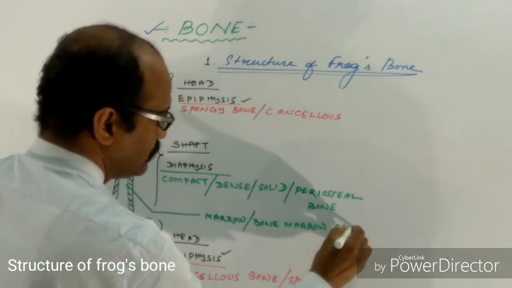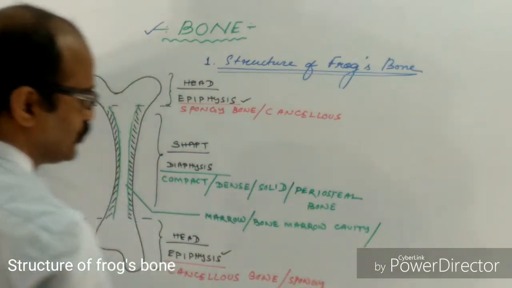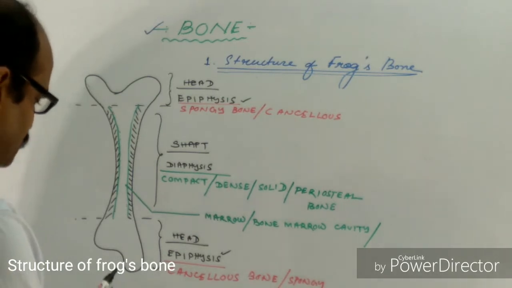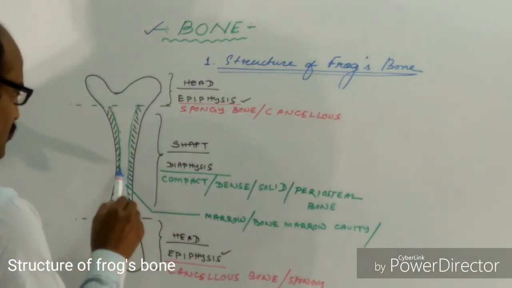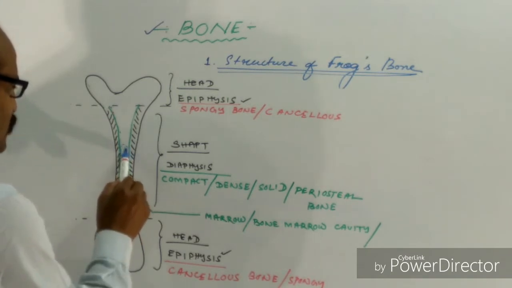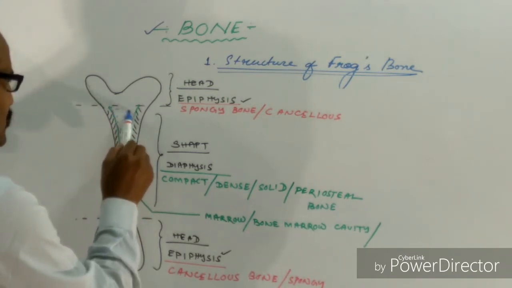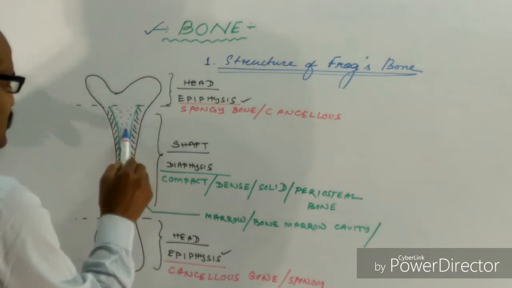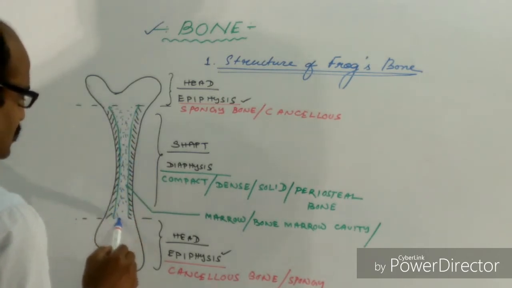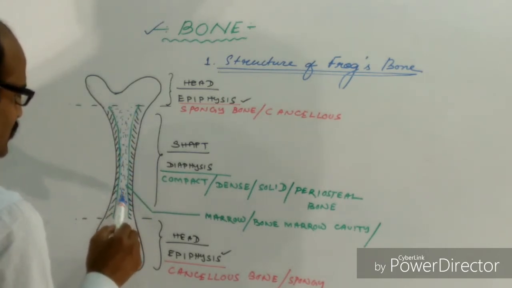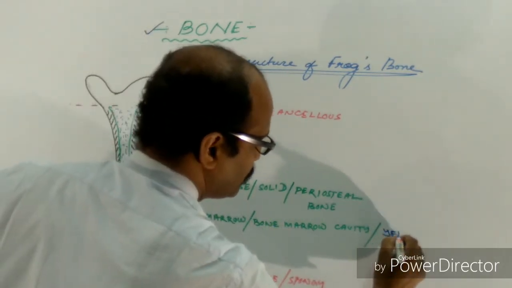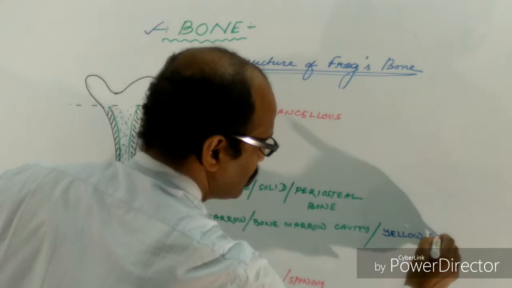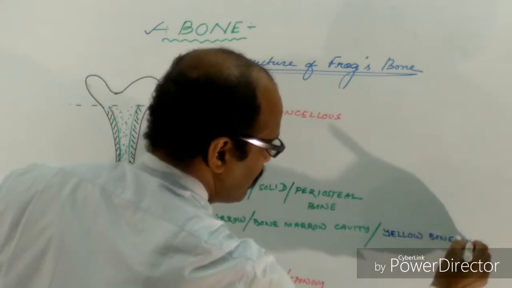Such a bone marrow cavity is filled with bone marrow, and this bone marrow is yellow in color. That's why it is known as the yellow bone marrow.